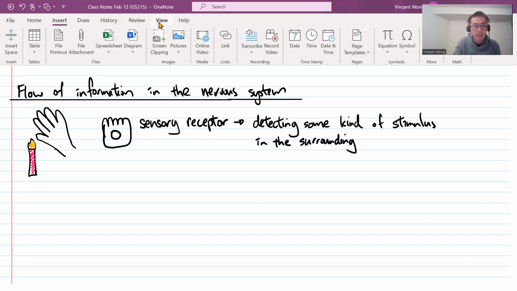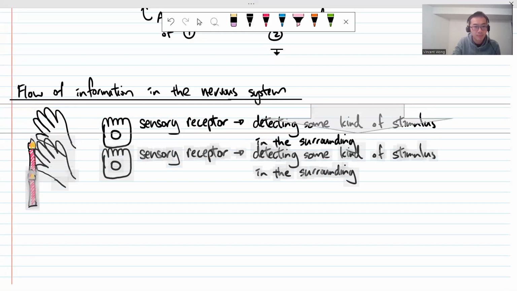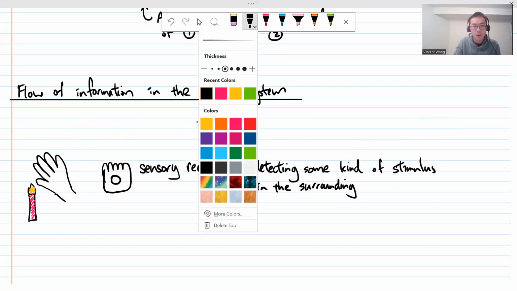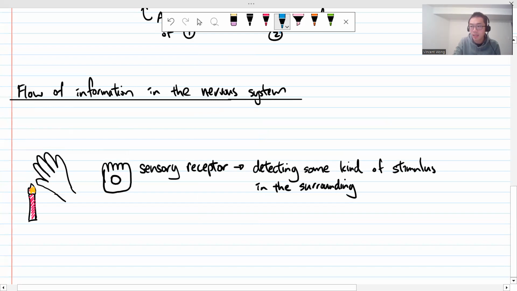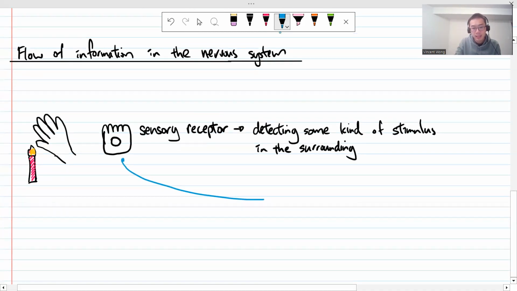I need to add more space here for myself. There we go. So we're going to send a signal to the brain, so there's going to be a path here that sends the signal all the way to the brain.